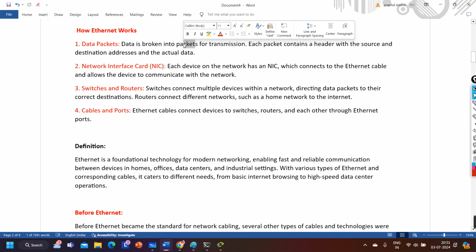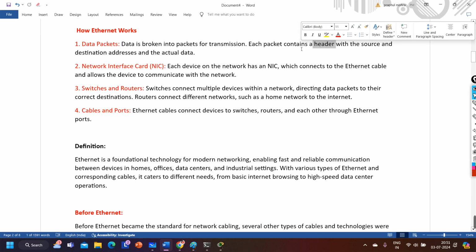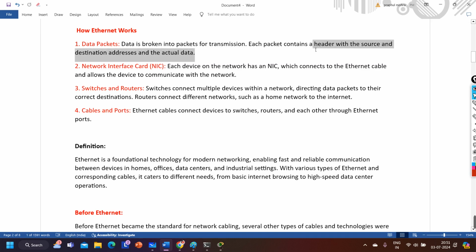Getting my point? You have to add the source MAC, destination MAC, source IP, destination IP, and that particular thing is called the header, where you add it. So each packet contains a header with the source and destination address and the actual data.